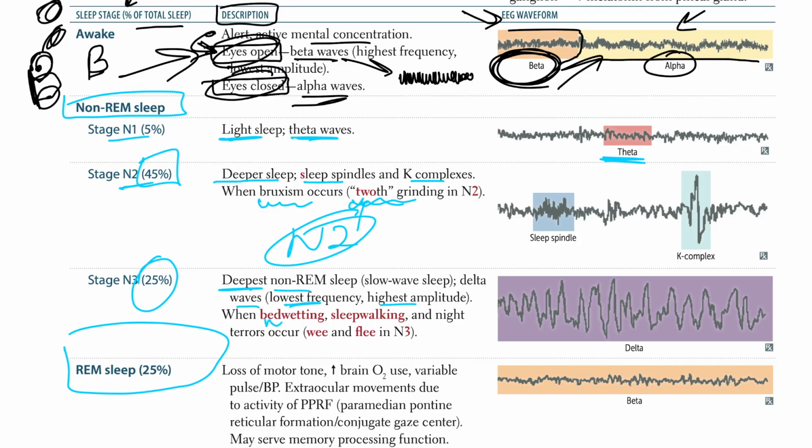Bedwetting, sleepwalking, and night terrors occur in N3. We flee in N3. One thing about night terrors is that if the patient has a night terror, they remember nothing of the dream, nothing of the night terror.